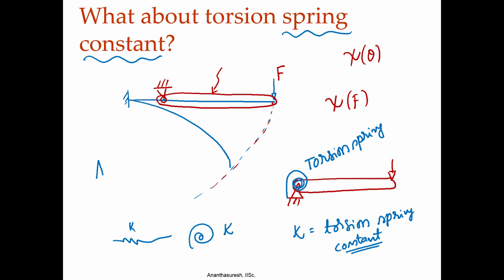That reaction moment, if I call it M, is going to be equal to kappa times this angle, let us call it psi rather than theta. This is the moment, and this kappa is the spring constant.